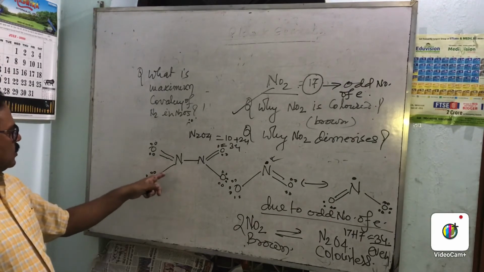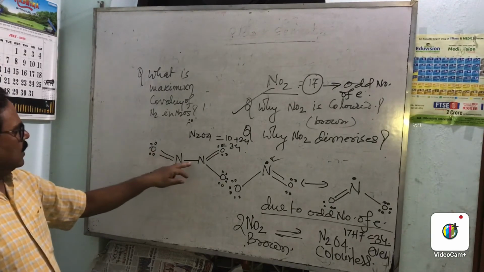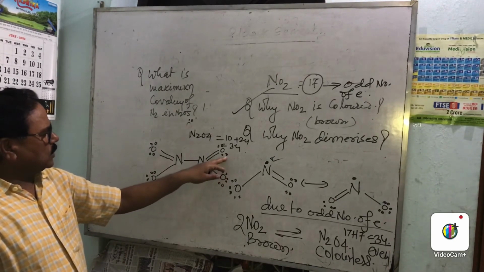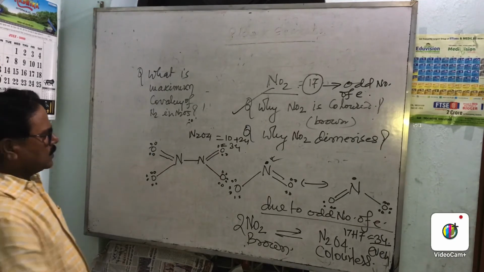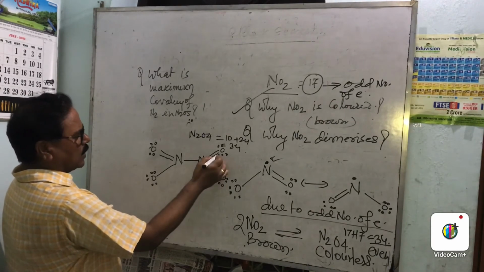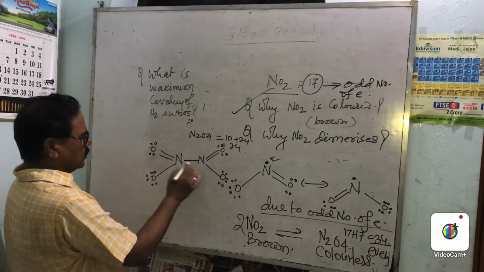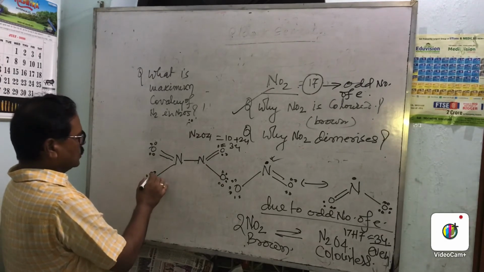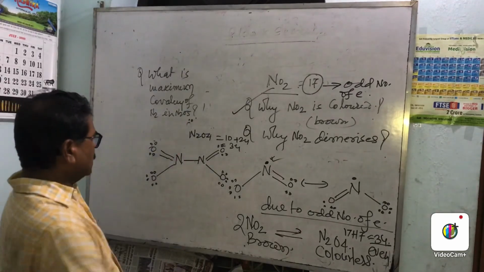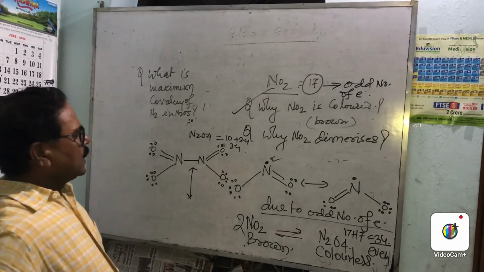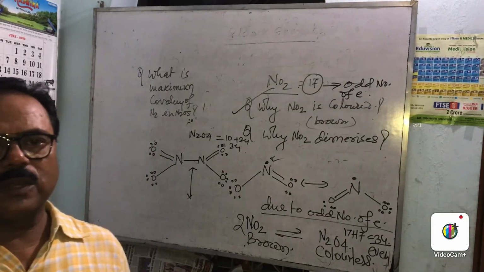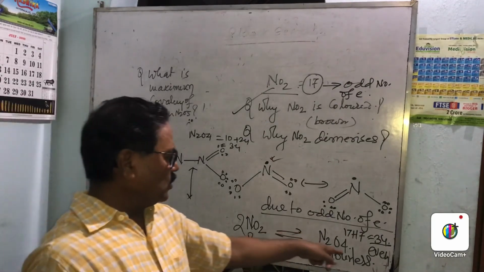So this is the resonating structure, change this structure into another form. So when it dimerizes, the odd number of electrons gets converted into an even number. That's why N2O4 is colorless.